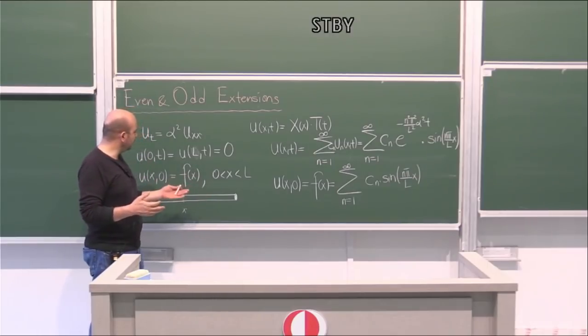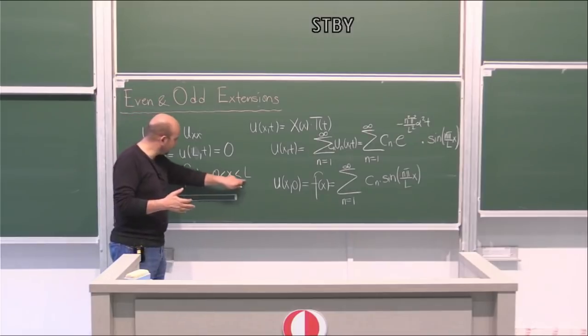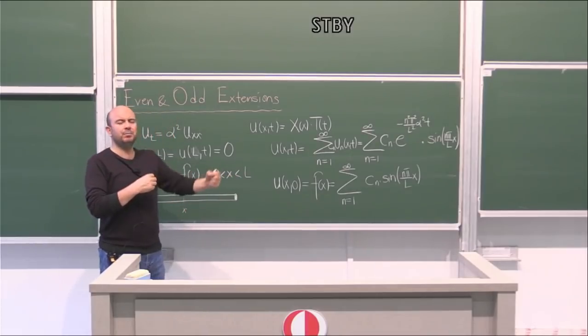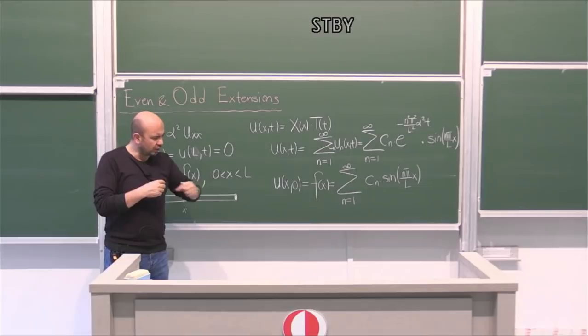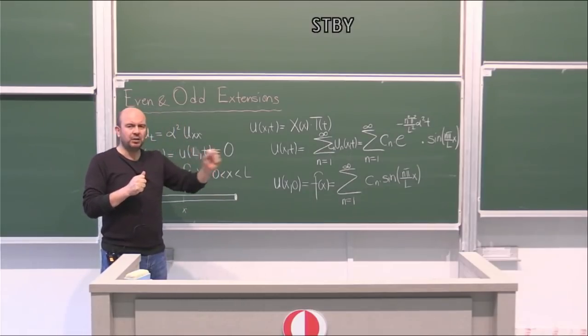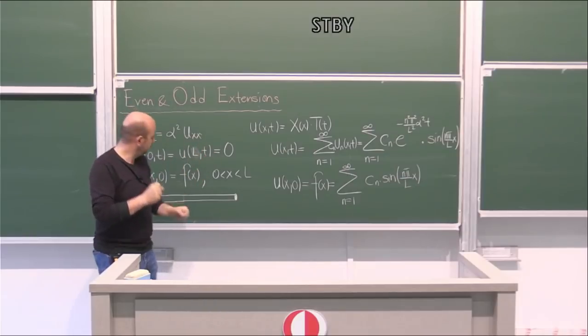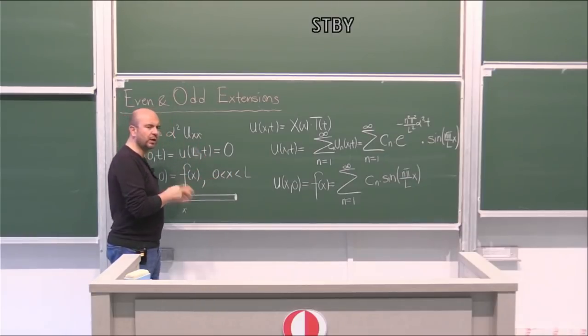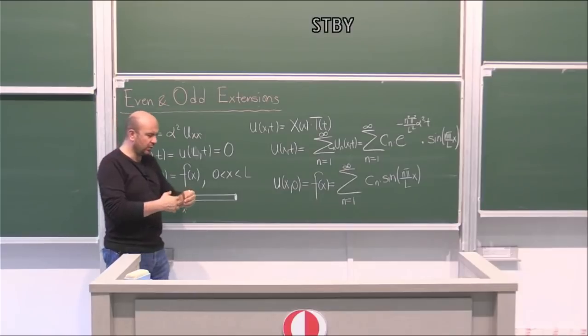But what should I do? First of all, this is given between 0 and L, so I have to extend my function between minus L and L. There's no problem between 0 and L. It's already given by this f. So we have to make an extension.